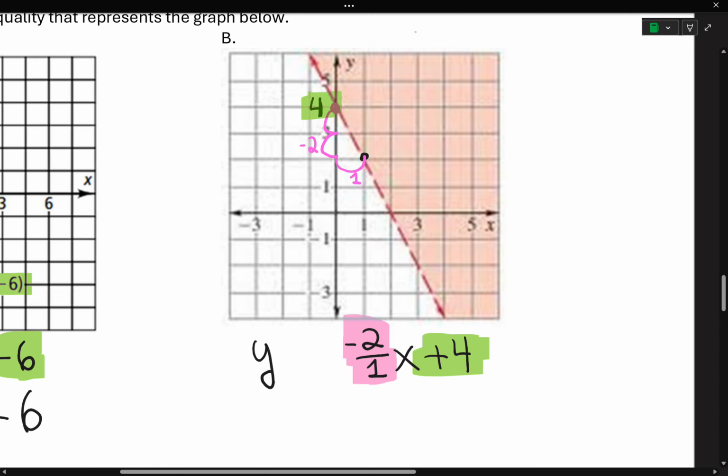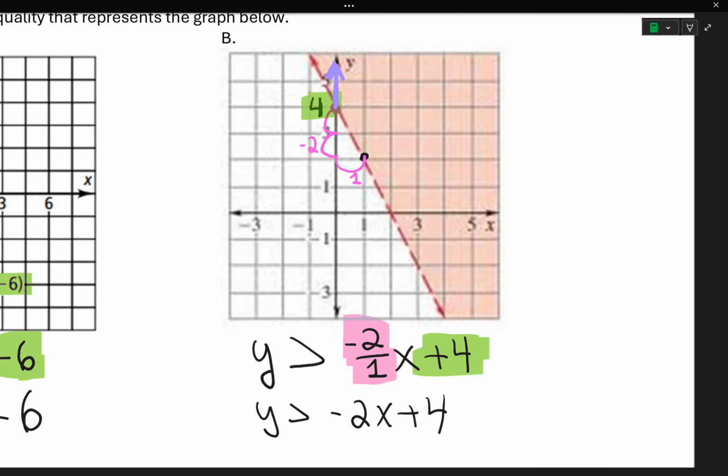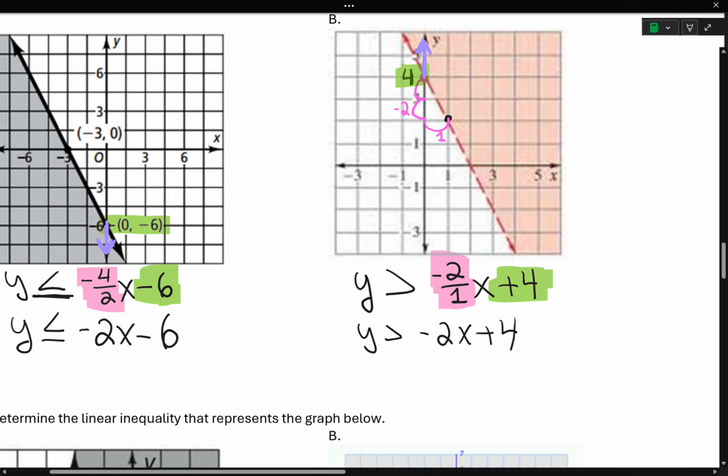Is the shading above the y-intercept or is it below? When I drew my arrow going up, I ended up in that pink shaded area, so it's above. So y is greater than -2/1x plus 4. Okay, I will rewrite it as a whole number. There we go. Fantastic.